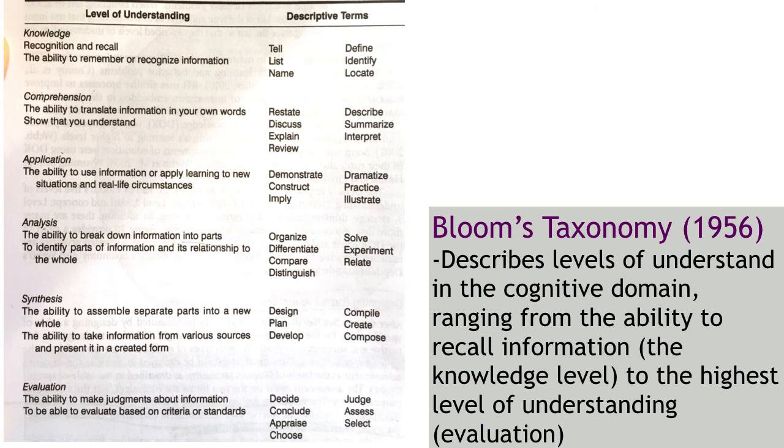It describes levels of understanding in the cognitive domain, ranging from the ability to recall information, which is the knowledge level, to the highest level of understanding, which is evaluation. So you see different levels of understanding on the left side, and descriptive terms for each level of understanding.